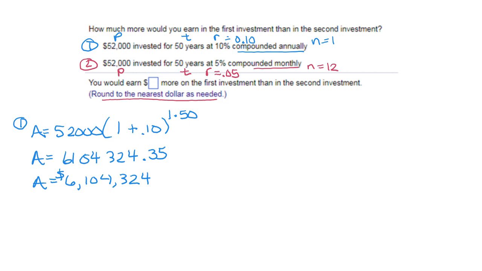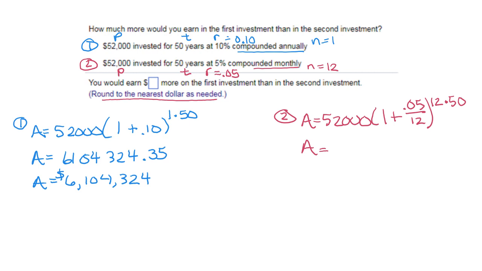Okay, next we're going to grab the second investment. And the future value here: 52,000 times 1 plus 5% over 12, 12 compoundings a year, and it is 12 compoundings a year times 50 years. Again, be very careful when you place that in your calculator. It should look just like the problem that I wrote out.